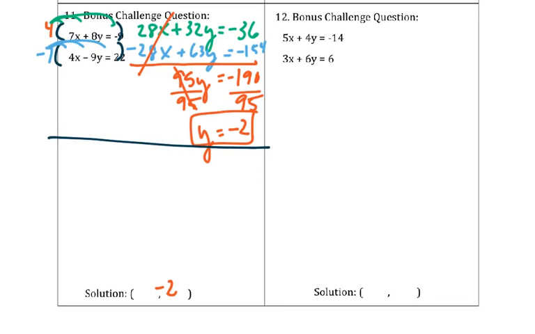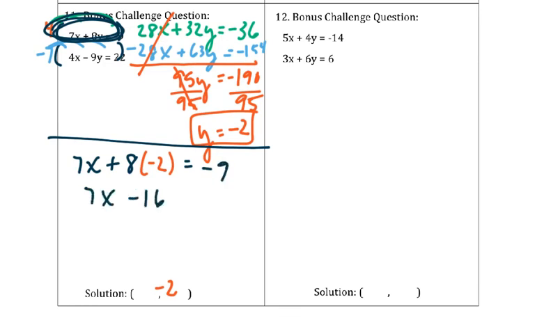So now I'm going to pick the original equation, just because the numbers are smaller. I'll take this guy right here and use it to solve for x. 7x plus 8 times negative 2 equals negative 9. 7x minus 16 equals negative 9 plus 16.